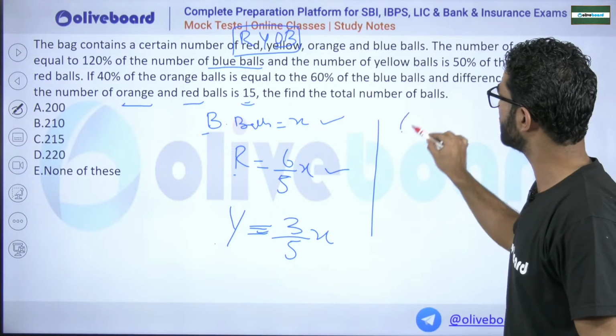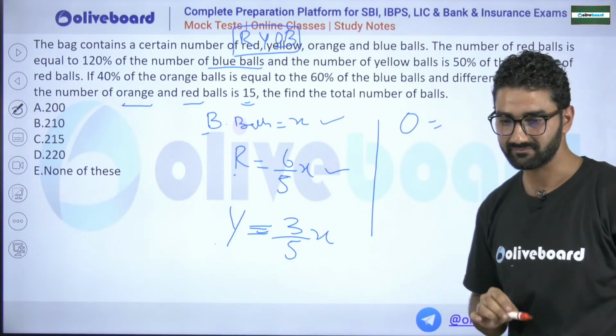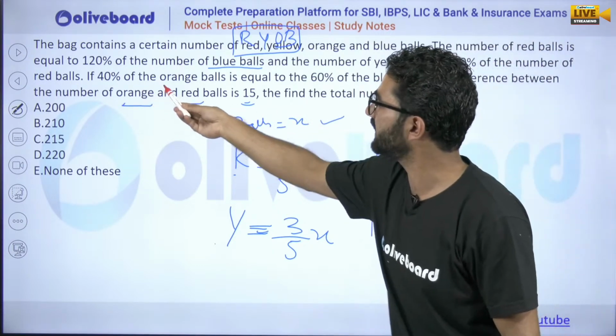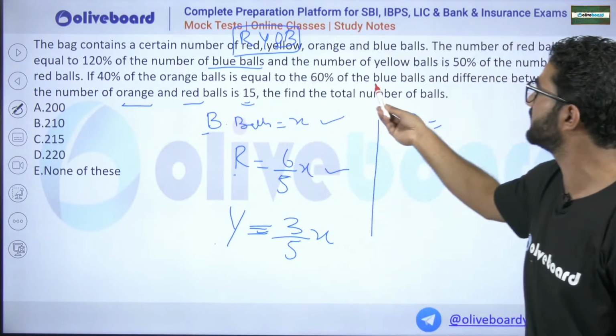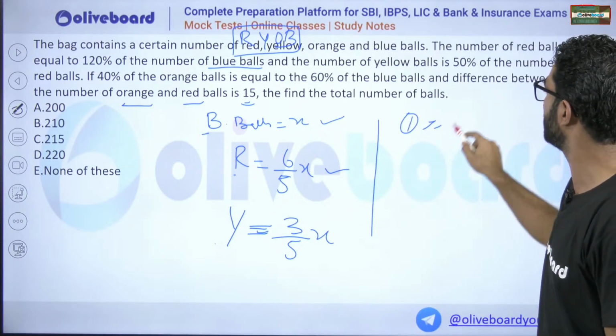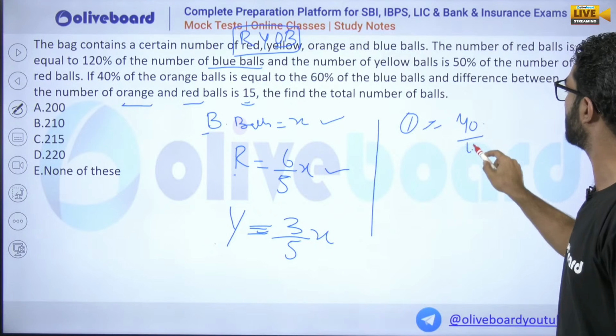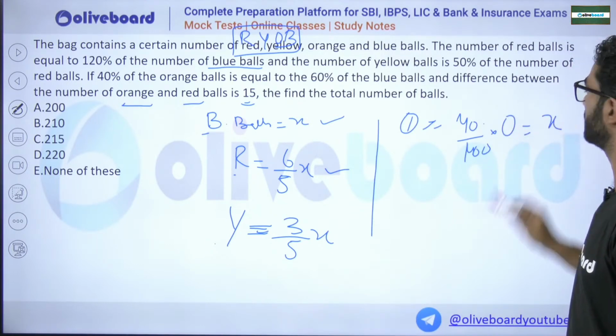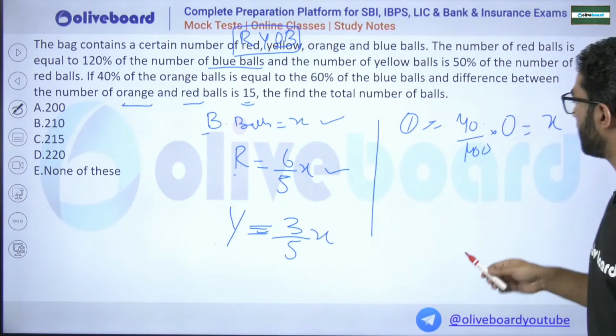So now how to take orange balls? The data is given that 40 percent of orange balls is equal to 60 percent of the blue balls. Blue balls we have x. So can we write that 40 upon 100 of orange balls will be equal to 60 percent of x? Can you calculate the value of O?